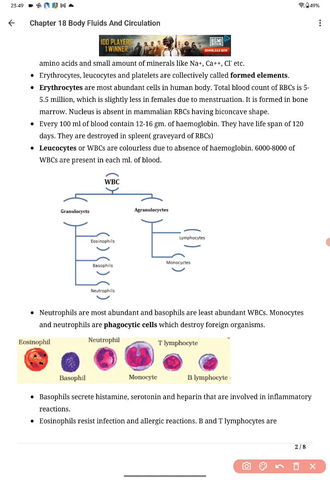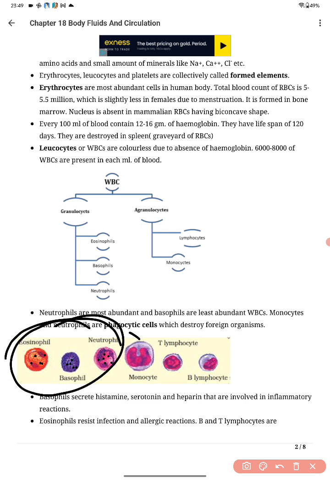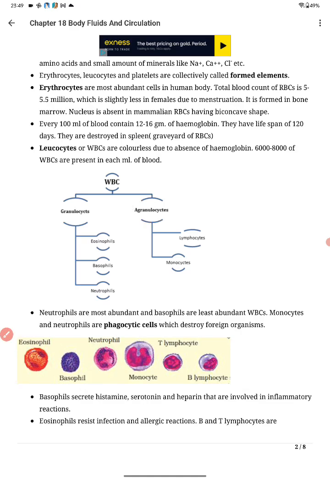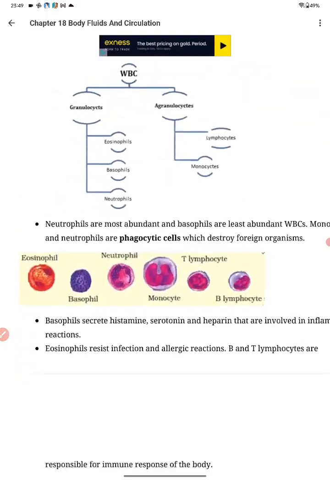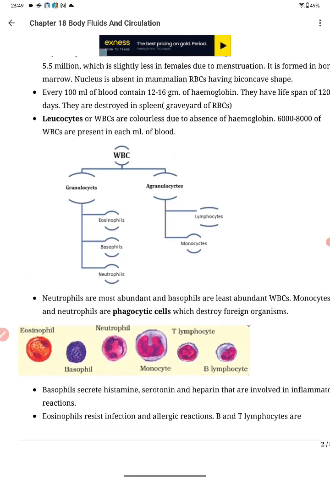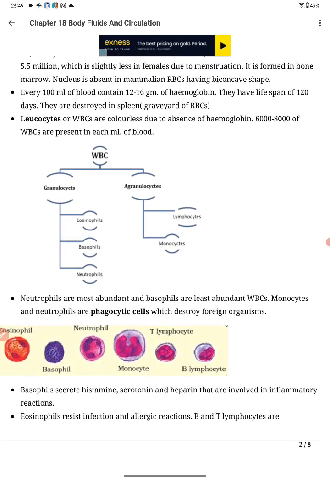They have granules, so they are granulocytes. The trick to remember is "phils" for granulocytes and "cytes" for agranulocytes. They don't have any granules. Eosinophils have a headphone shaped nucleus, and neutrophils have three lobes; they are multilobular.